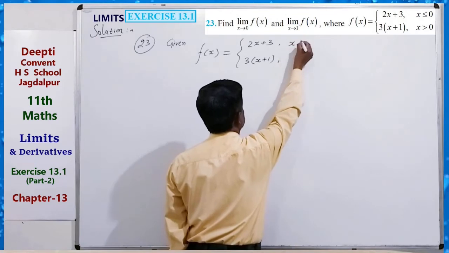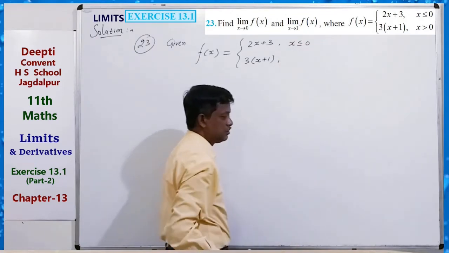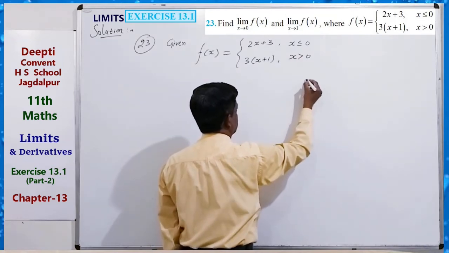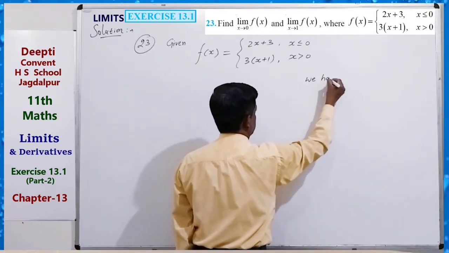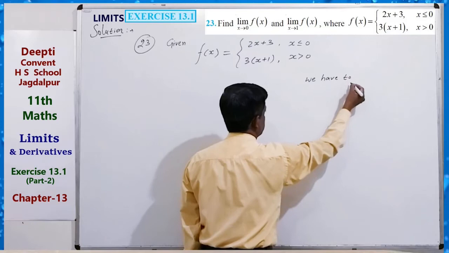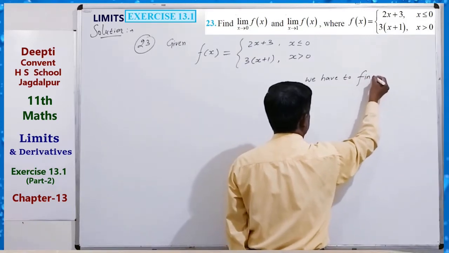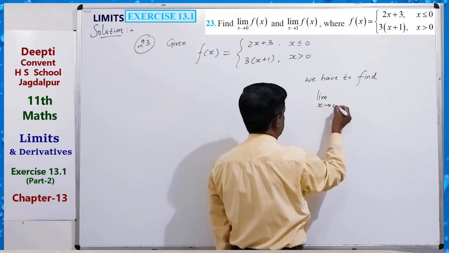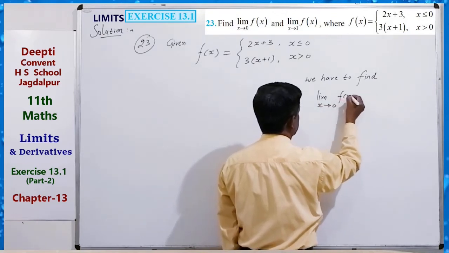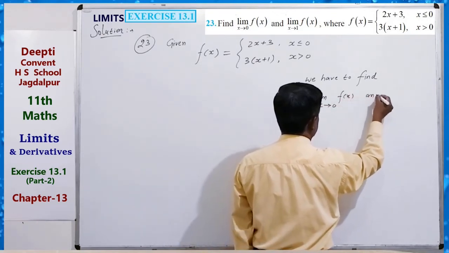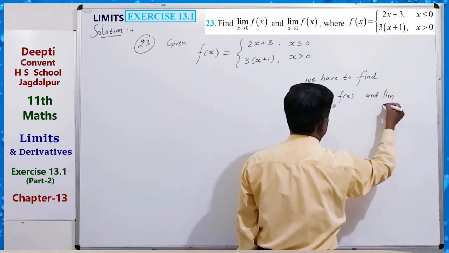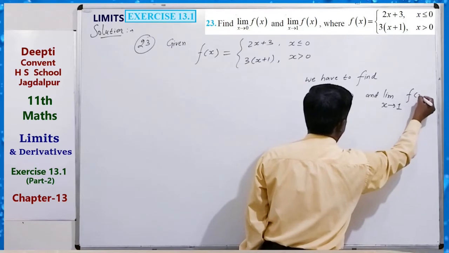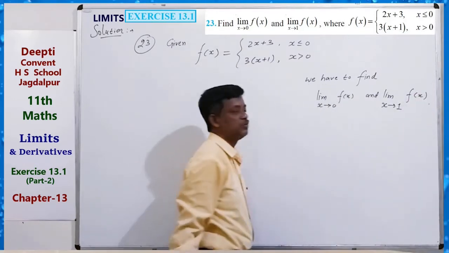Here x is less than or equal to 0 and here x is greater than 0. We have to find limit x tending to 0 of f(x) and x tending to 1 of f(x). Just these two values we have to find.